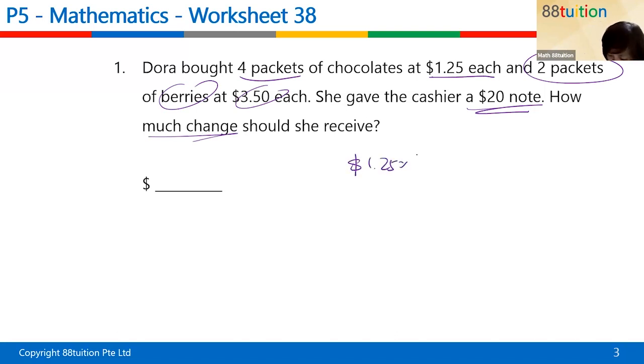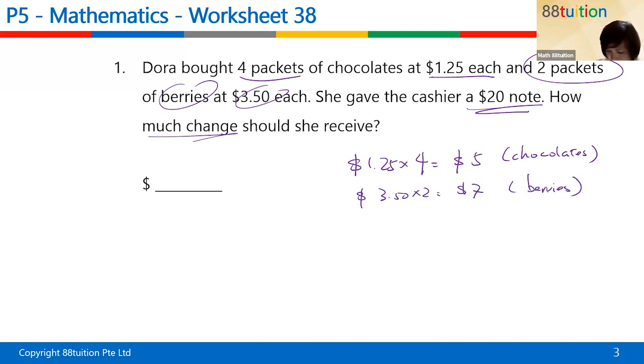So the first thing first, we need to find the 4 packets of chocolates, and that will cost you $5 for this pack of chocolates. Berries at $3.50 times 2, which gives you $7. So this total of 2 items will give you $12 in total.